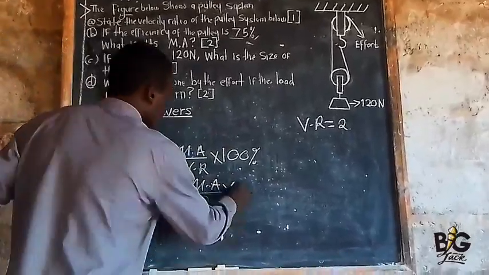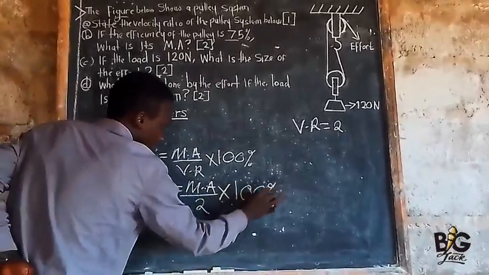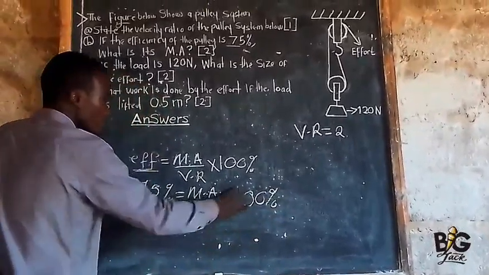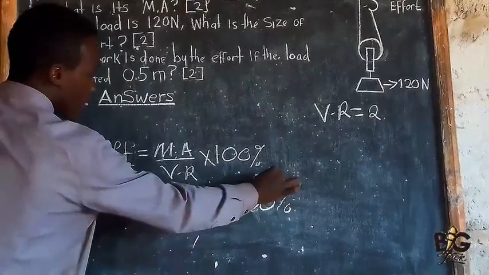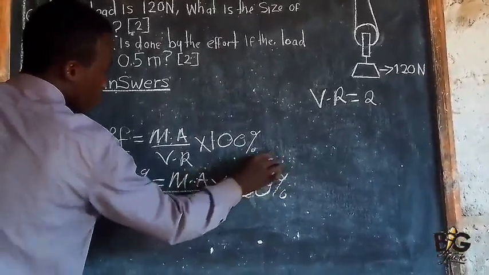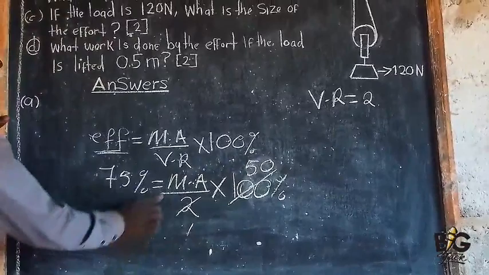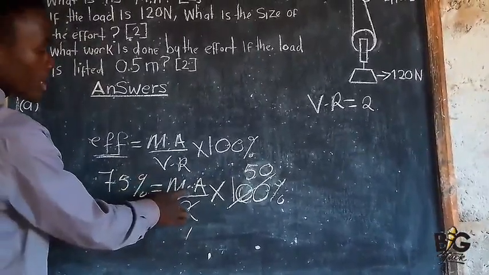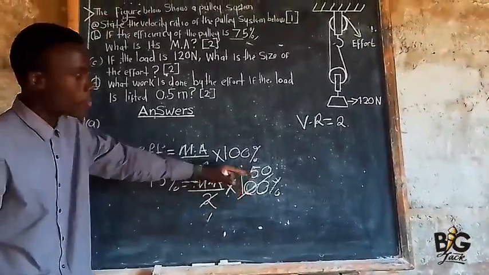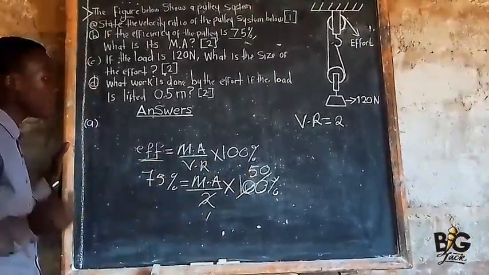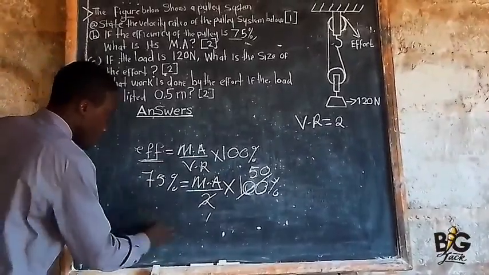So we can say multiplied by the 100%. Now we can say 2 into 2, that is 1. Then we can say 2 into 100, we are going to have 50. Okay. Then from there I'm going to say mechanical advantage, which is MA multiplied by 50. We are going to get 50 MA, which is the mechanical advantage.